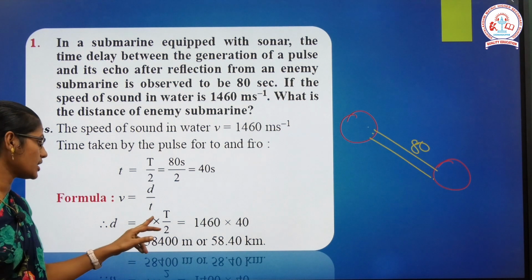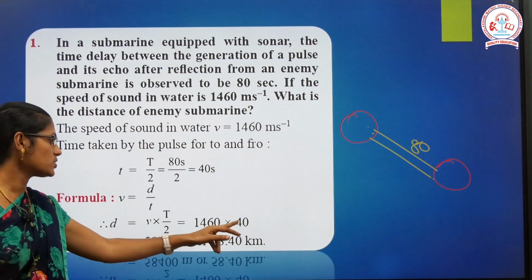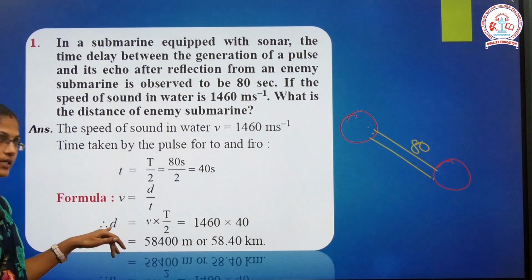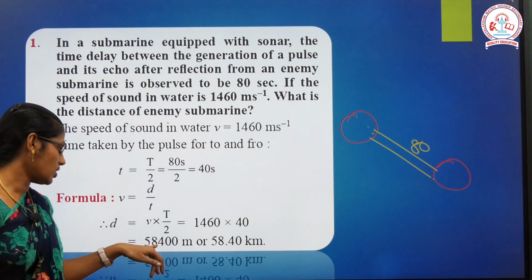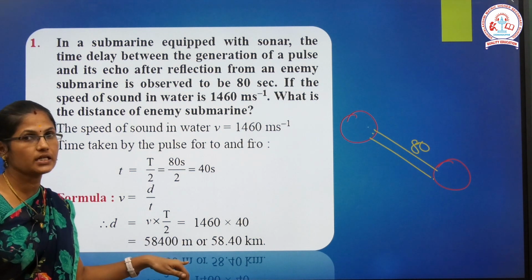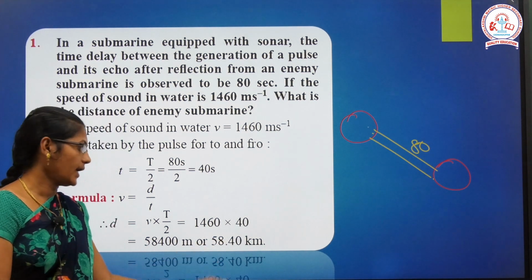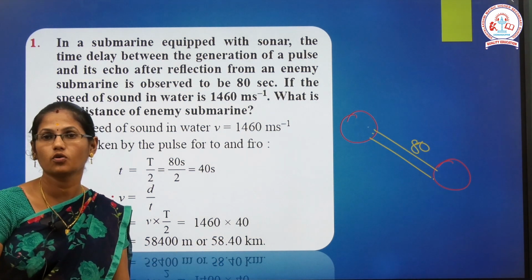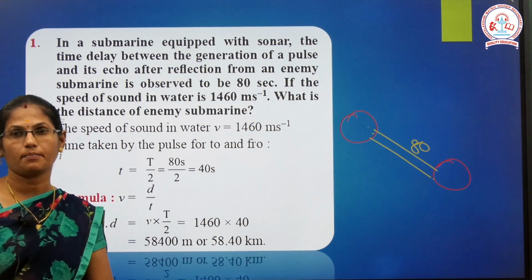So the distance is the speed of sound, 1460, into 40. How do we find the distance between the two submarines? It is 58,400 meters. We convert it into kilometers using 10 power 3, so 58.40 kilometers. So this is the distance between the two submarines.